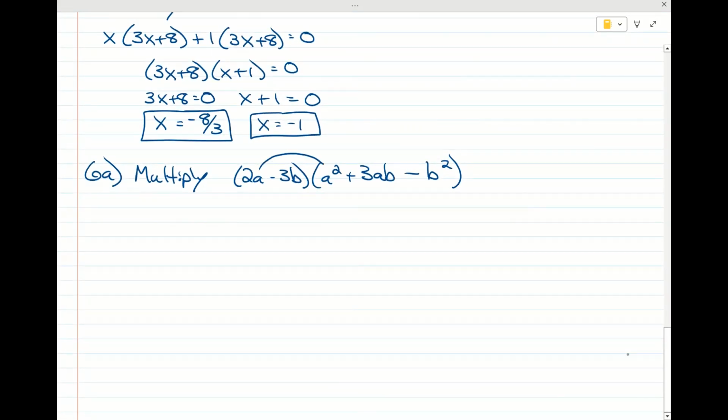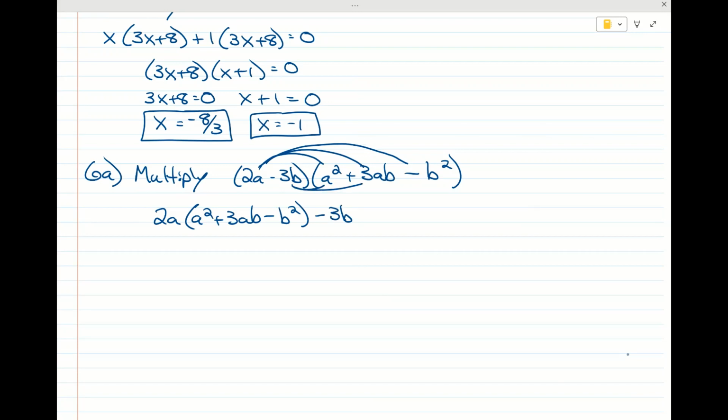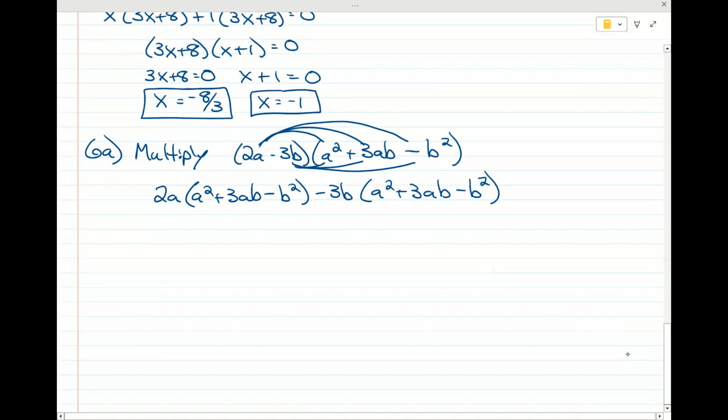Well, what I'll do is I'll multiply 2a times each term, or 2a times a squared plus 3ab minus b squared. And then I'll multiply negative 3b times each term. We're going to have a lot of moving pieces, so just make sure you're careful with the signs.